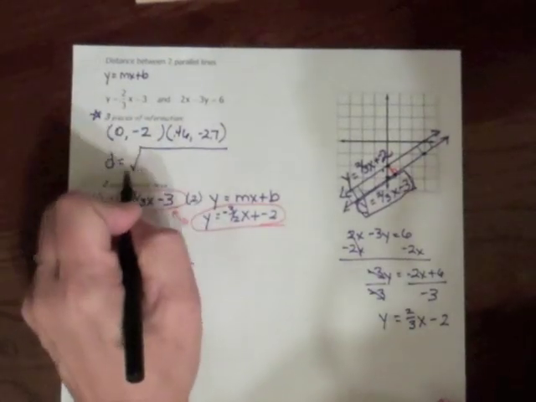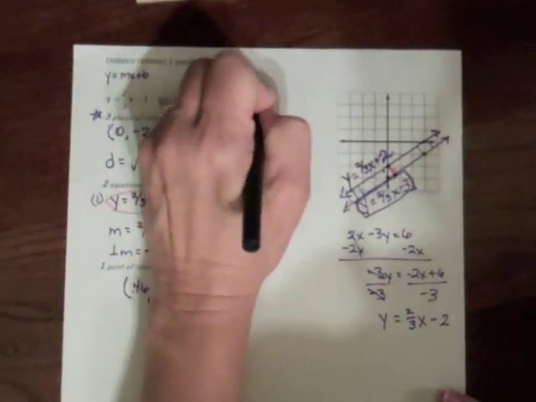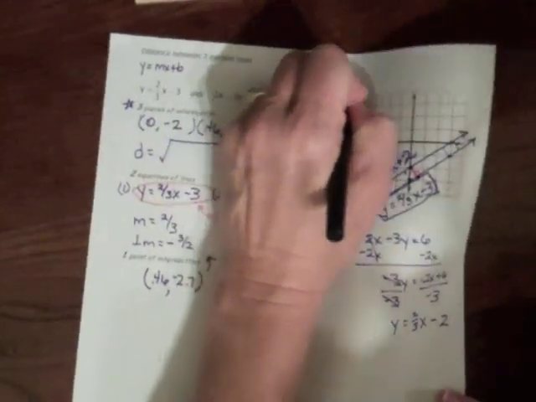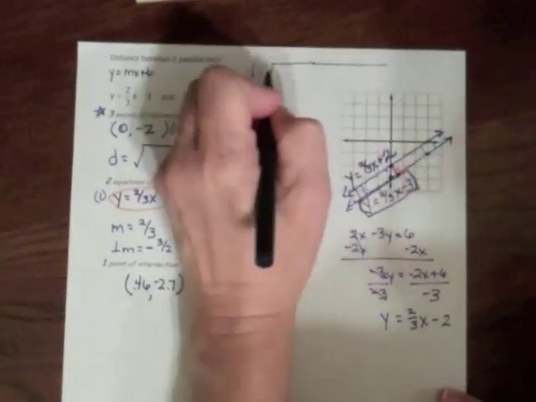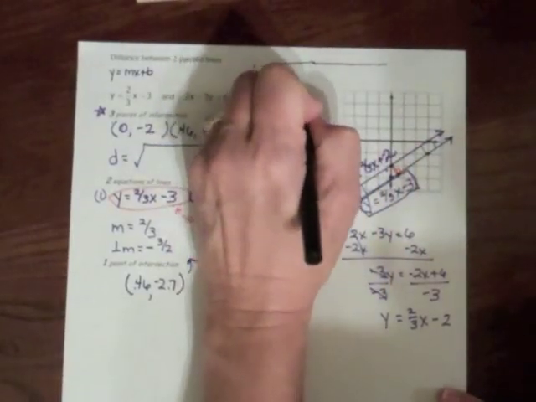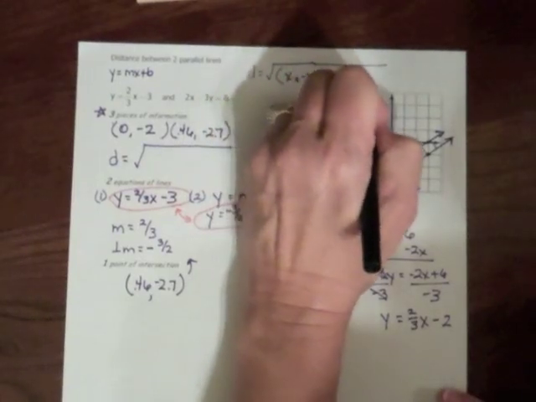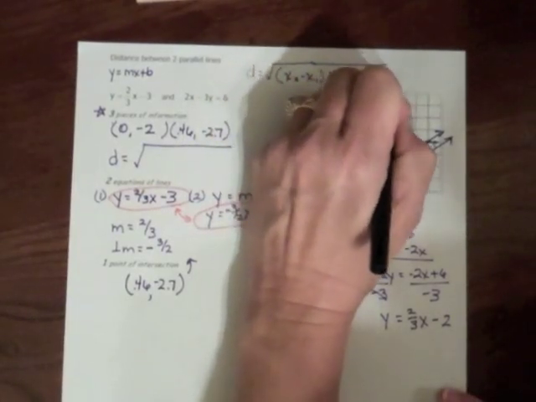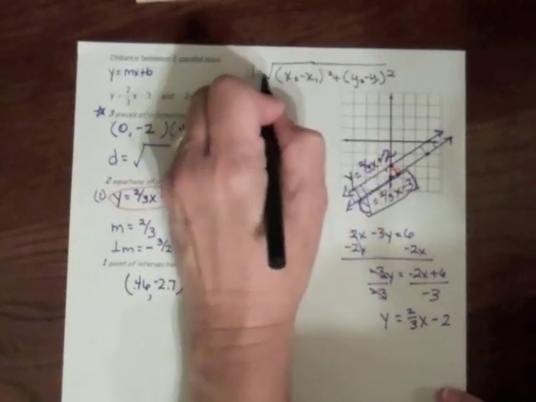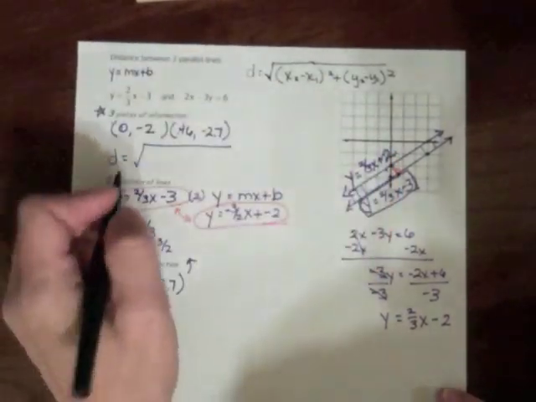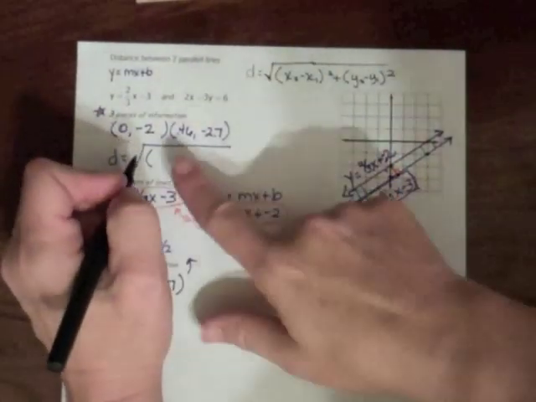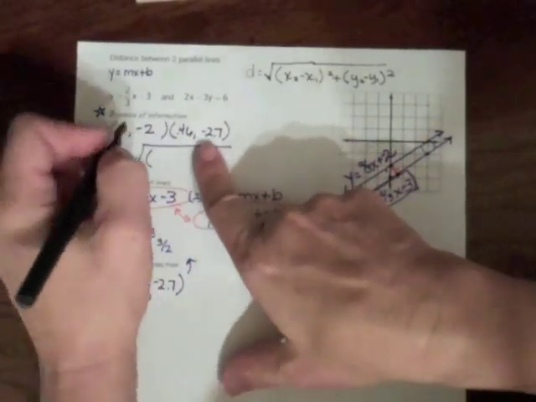Okay. Alright, now most of the way there. All I have to do now is plug it into my distance formula. So let's remind ourselves what the distance formula is. It is x sub 2 minus x sub 1 squared plus y sub 2 minus y sub 1 squared. Square root of all of that. So we plug it in. What we want to do first is label our points.